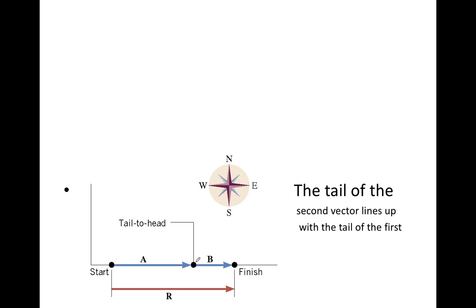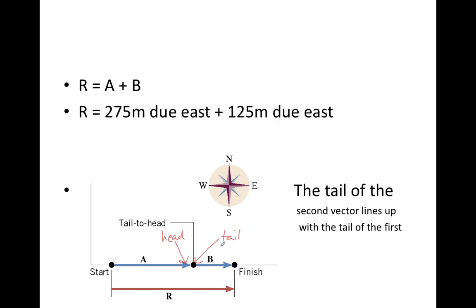So this is the tail of vector B. The tail is the starting point, and this is the head of vector A, the end point. So the end of vector A is attached to the beginning of vector B. We say R equals A plus B, and we can just add the numbers like they were scalars.